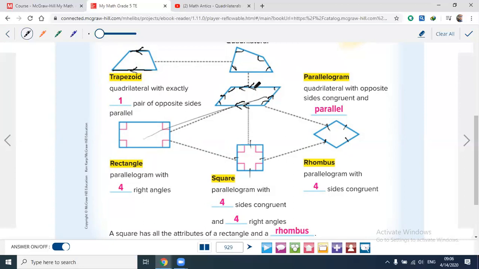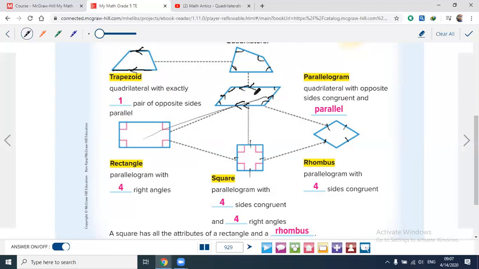What does congruent mean? Each opposite side has equal length. This side is equal to this side, and this side is also parallel to this side. The other opposite sides are parallel and equal length, meaning congruent. So the parallelogram has two pairs of opposite sides parallel.